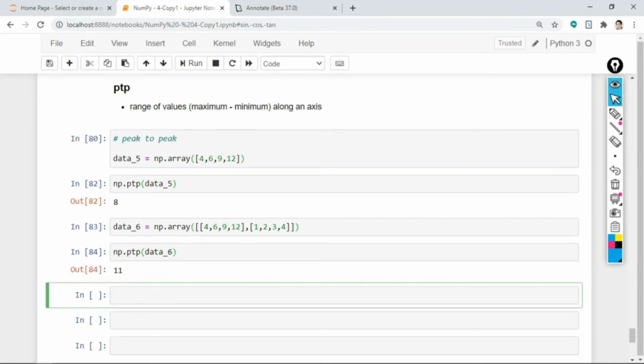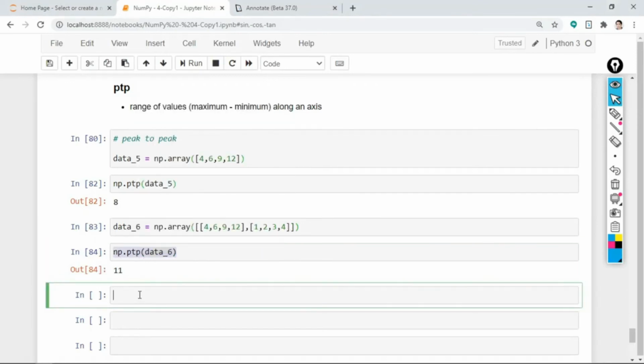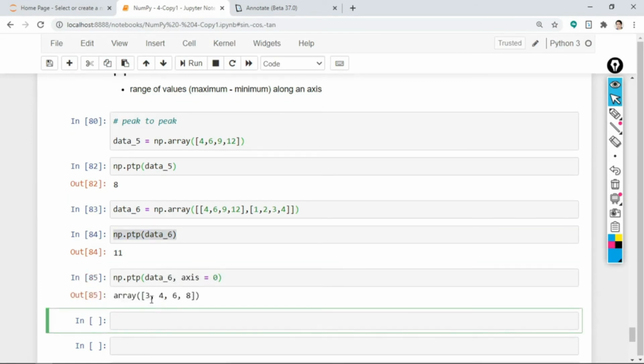Again, you can also do this in terms of axis. So for example, np.ptp of data 6, let's look at the column, so axis is 0. So this one is 3, 4, 6, 8. Why again? Because we're looking at columns here.